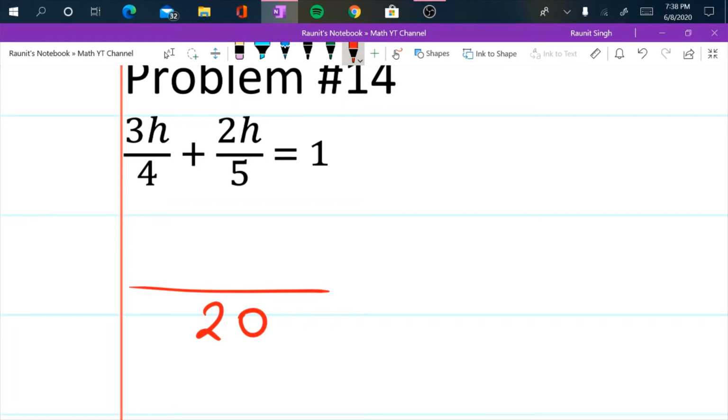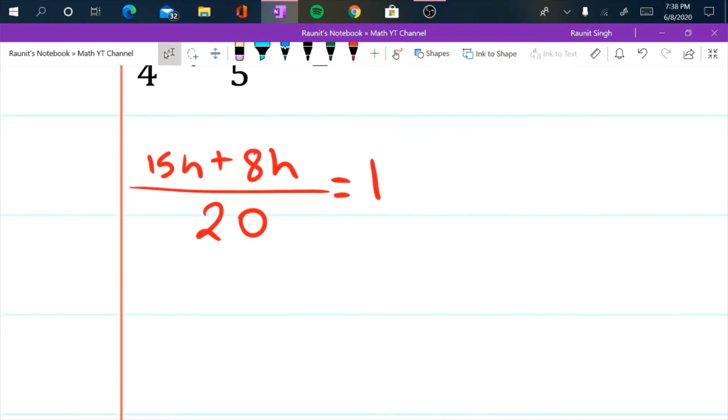And then we would do 3h times 5, which is 15h, plus 2h times 4, which is 8h, which is equal to 1. And then we're going to multiply 20 to both sides, so we can get rid of the 20.